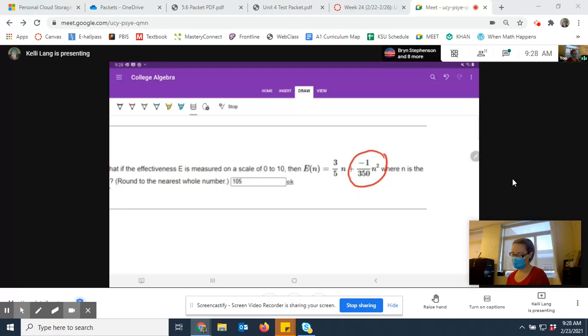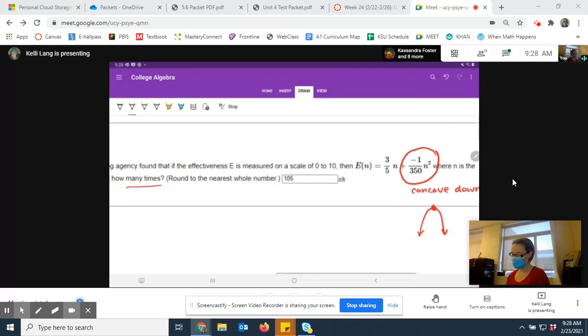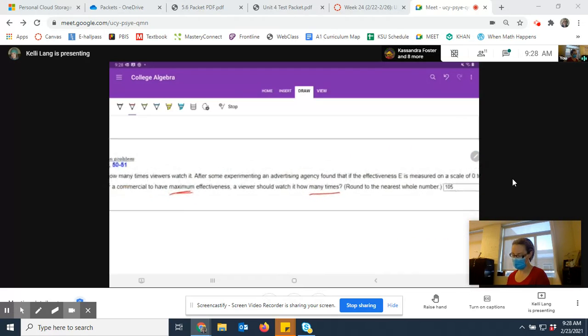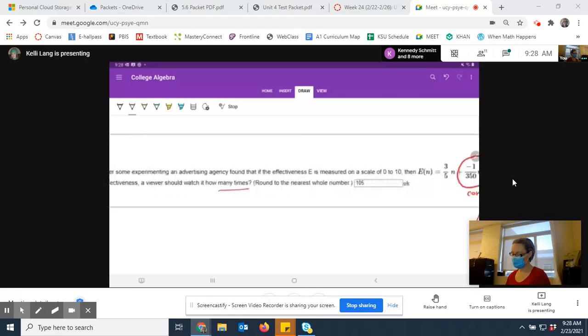So this is concave down. You don't actually need this for the question, but it helps me conceptually think about what we're dealing with. So this is a concave down parabola, which will have a maximum. So the question itself is asking us to find the maximum, which requires us to find the vertex.